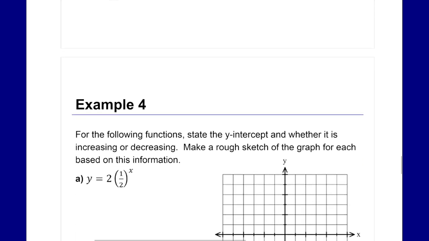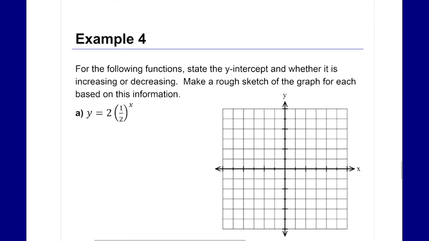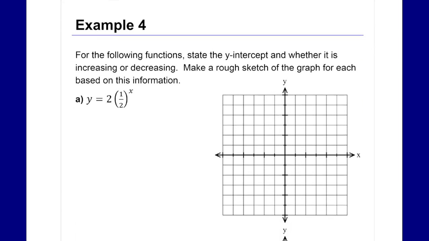So with that knowledge now, let's go through and just state the y-intercept, state whether it's increasing or decreasing, and then we'll make a rough sketch. So in this case, our A value is going to be 2. Our B value is 1/2. Right? So this is our standard format for exponential decay. So that means roughly our graph will start at 2, or y-intercept at 2.